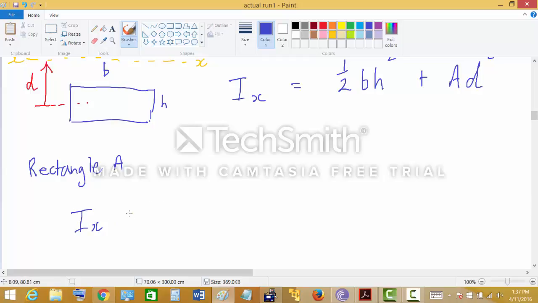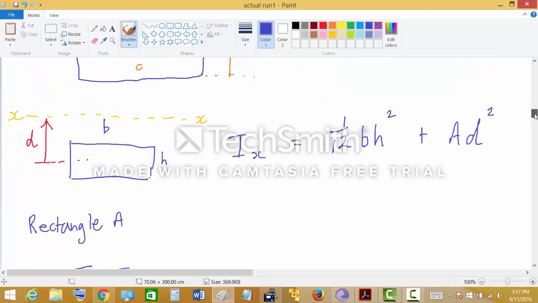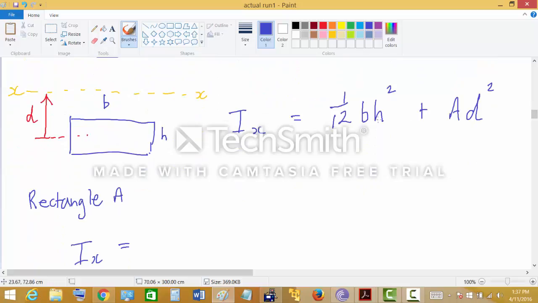Its second moment of area is equal to, sorry, that should be 1/12, not 1.5, B squared. I think it should be B cubed here. Sorry, it should be B, H cubed.